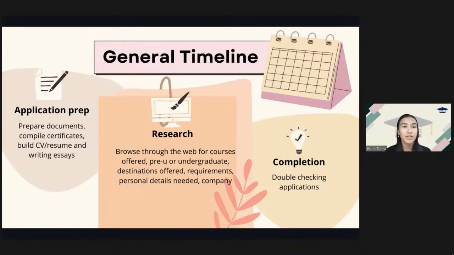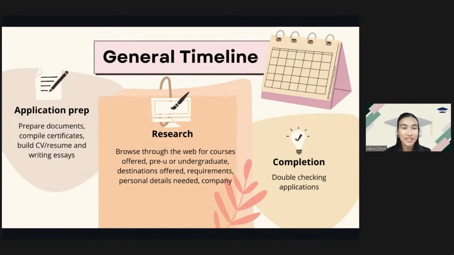For instance, preparing your personal documents, compiling your certificates, building your CVs and resumes, which in some cases they require you to submit. And of course, the most important part is writing your essays. And in addition to that, you also definitely have to do research on what course you intend to pursue.